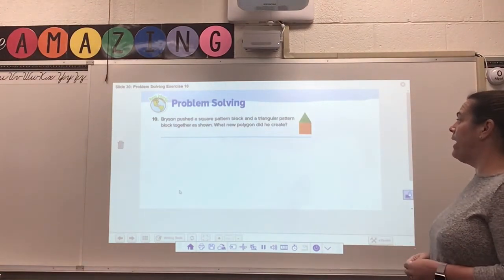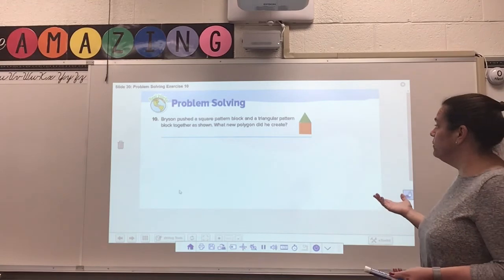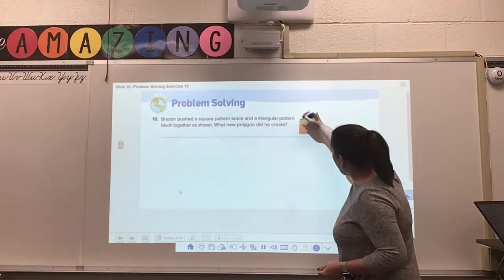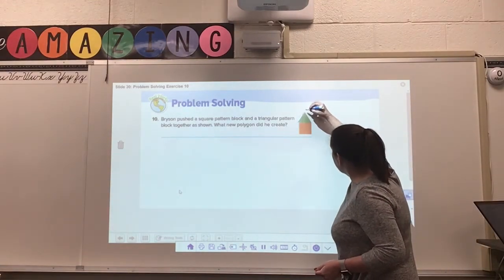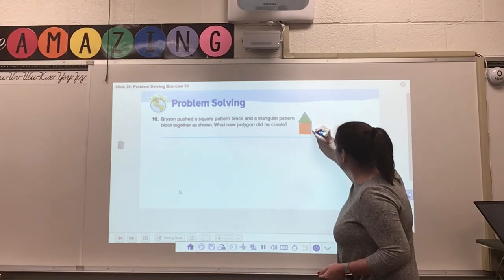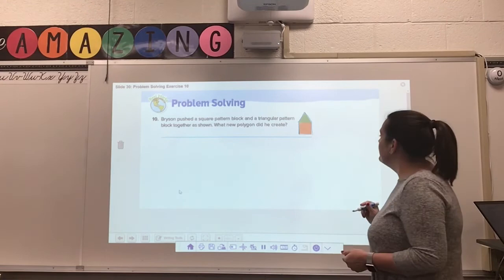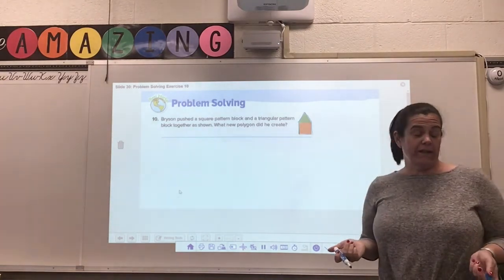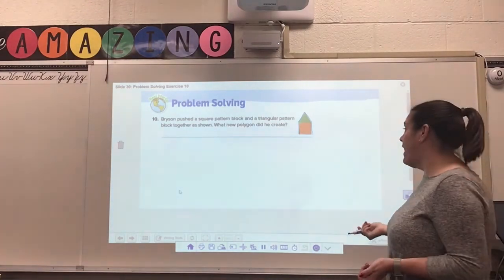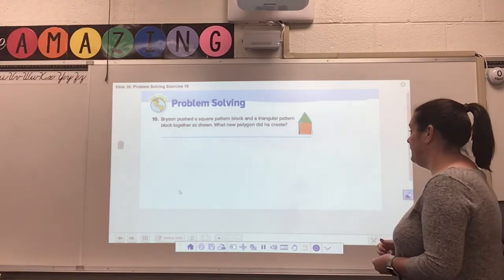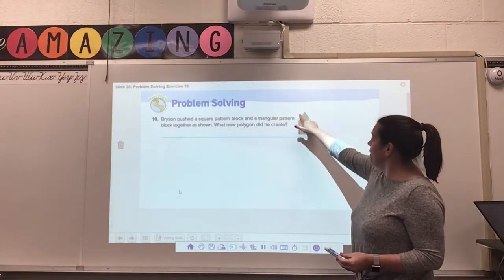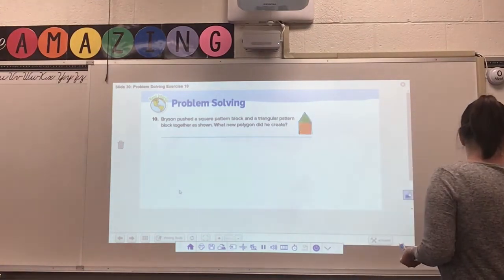What new polygon did he create? If I'm just looking at both of these together now, it kind of looks like a house, doesn't it? But how many sides and angles does it have now? That's how I know what kind of polygon. I'll use the attributes to name it.